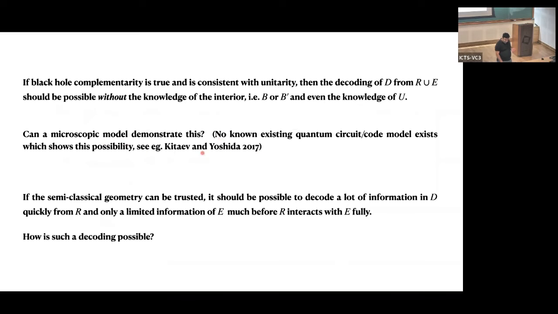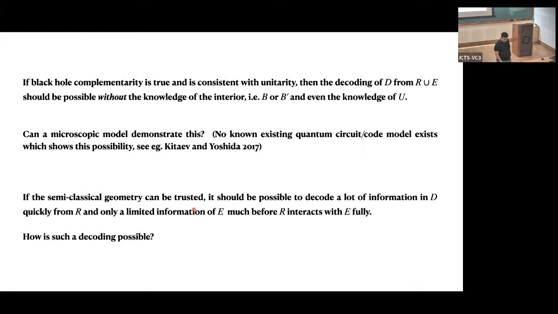There was a paper by Kitaev and Yoshida in 2017 which constructed a Hayden-Preskill decoding protocol, but that requires the knowledge of U. So that's why we thought, why don't we try to make a real dynamical model where we can show that something like this is possible.